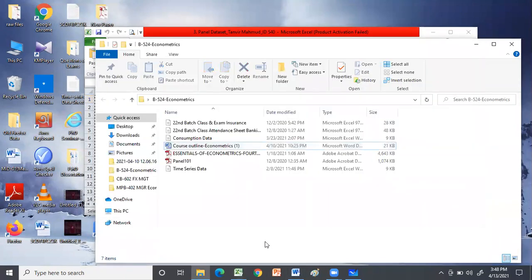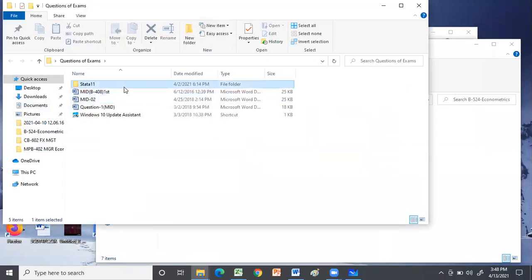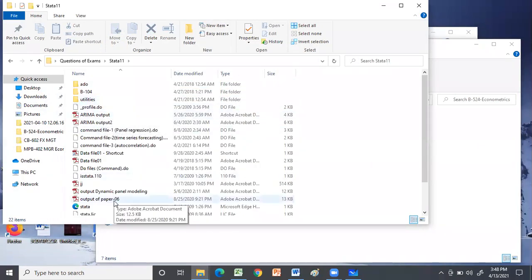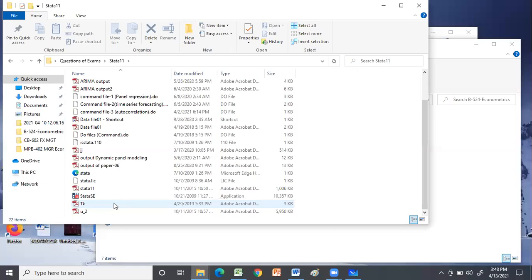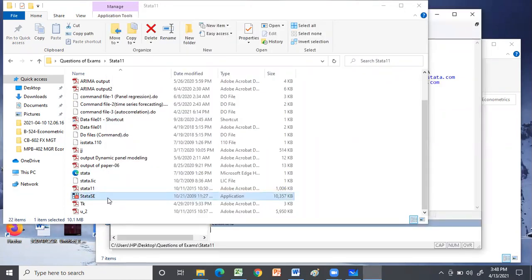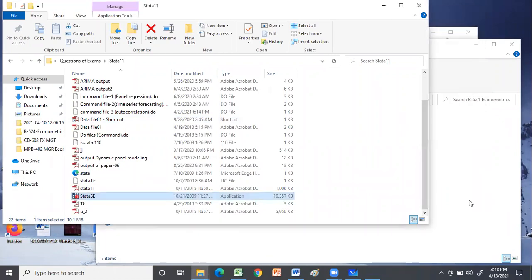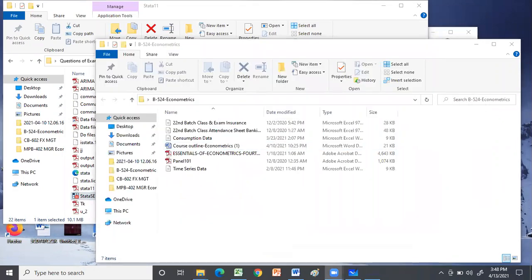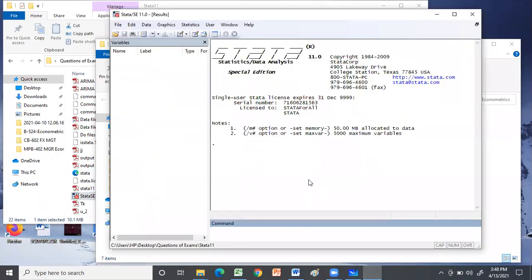So let me copy this data to the Stata. ED stands for edit.